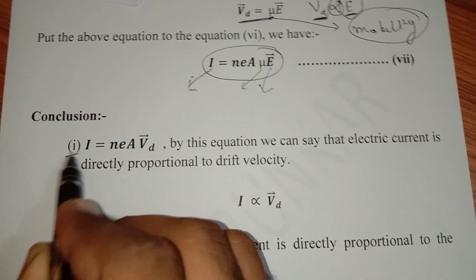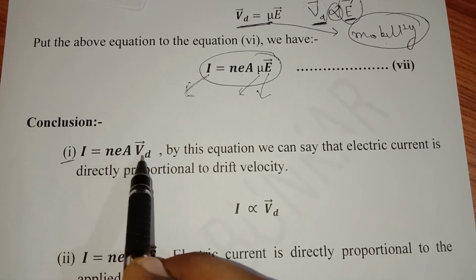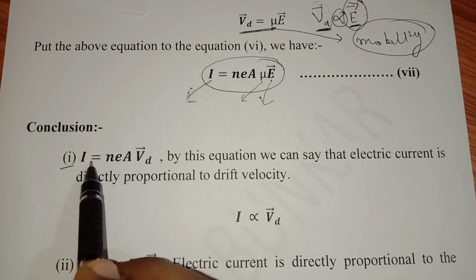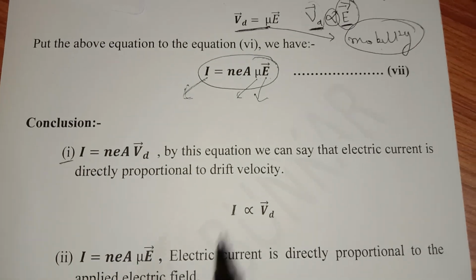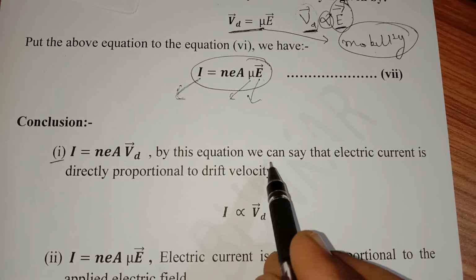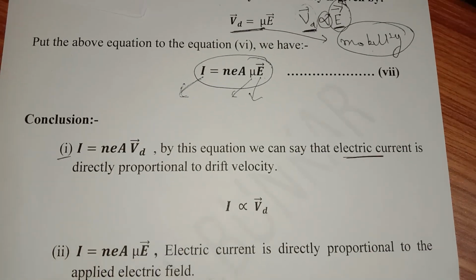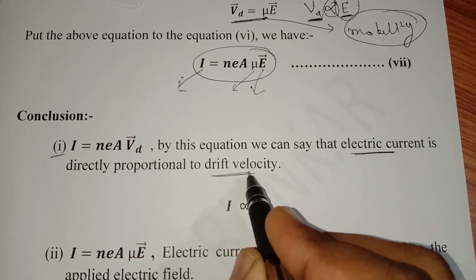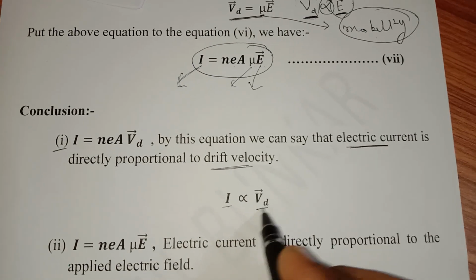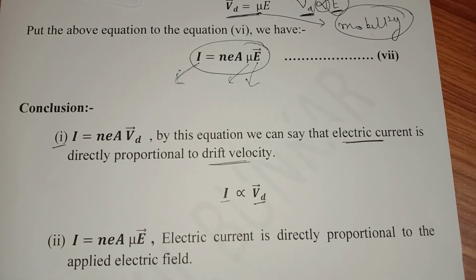The first equation, I equals NeAVd, is the relation between electric current and drift velocity. According to this equation, the electric current is directly proportional to the drift velocity.